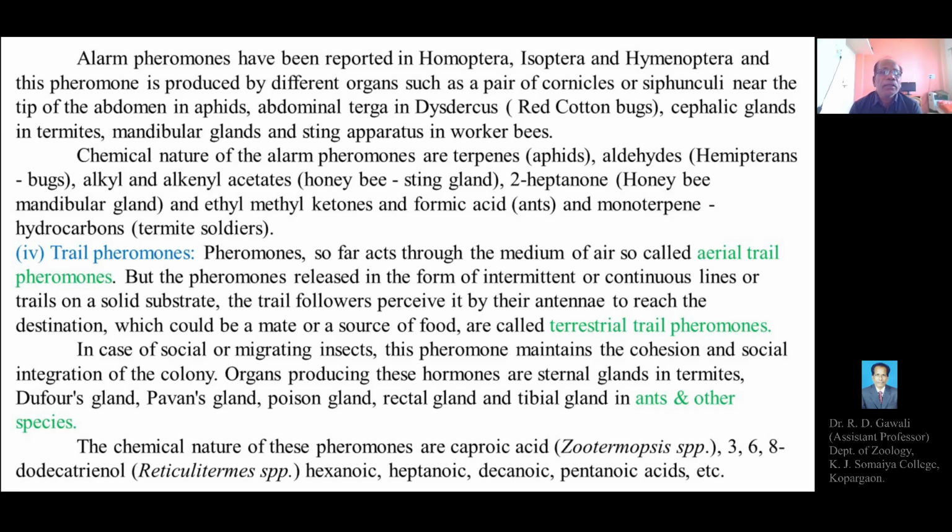Then 3,6,8-dodecatrienol in Reticulitermes species, which secrete trail pheromones that are chemically 3,6,8-dodecatrienol, then hexanoic, heptanoic, decanoic, pentanoic acids, etc. So these are the different types of chemicals in the form of trail pheromones secreted by different species of insects. So this is about the trail pheromones.